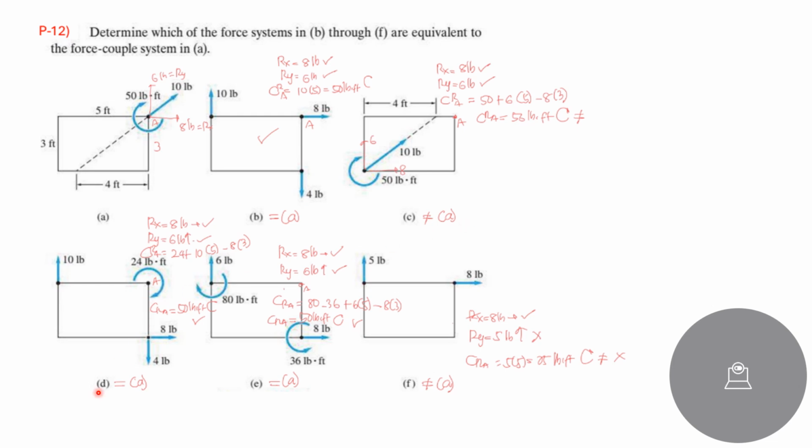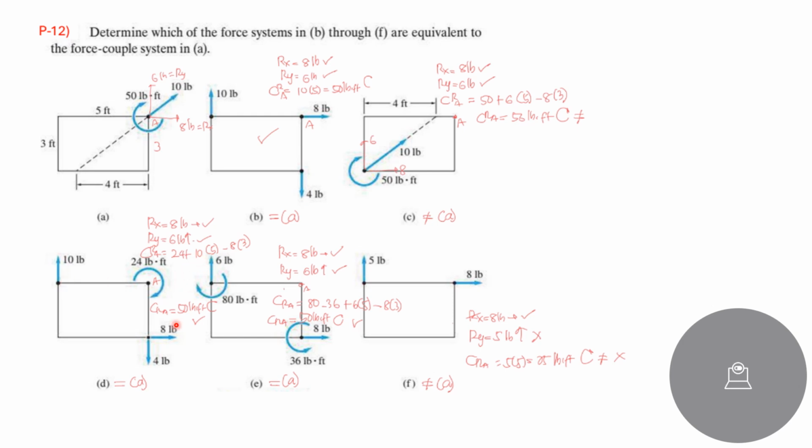We proceed to D. So Rx, 8 pounds, check. Ry, 10 minus 4, 6 pounds up, check. The couple here is 24, it's already clockwise. Then the moment of the 10-pound force at A is plus 10 times 5.